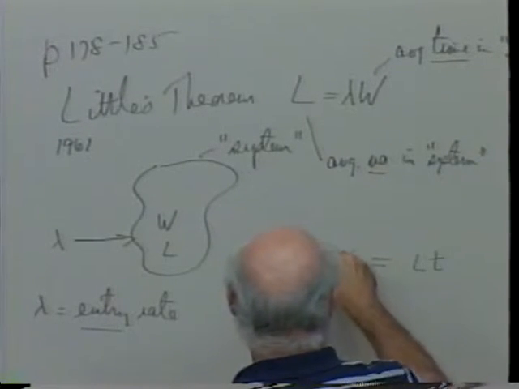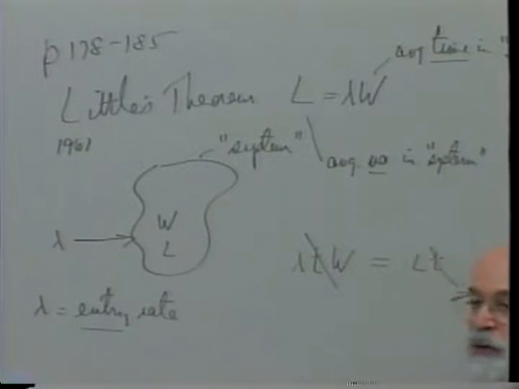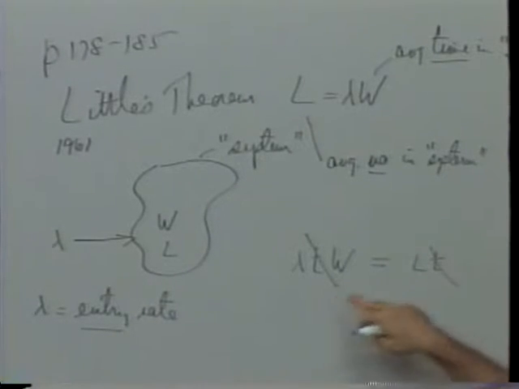Then you cancel out the t's. In other words, you divide both sides by infinity, obviously a phony argument, and you get L equals lambda W. But the formal proof, at least one of them, is based exactly on this idea. You just have to make it rigorous and take limits and show that you actually can cancel out that t. But that's the basic idea.